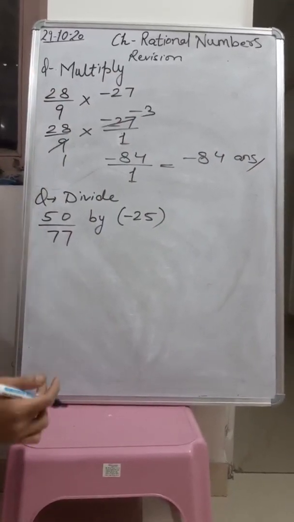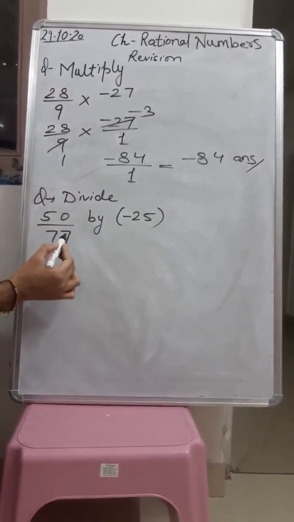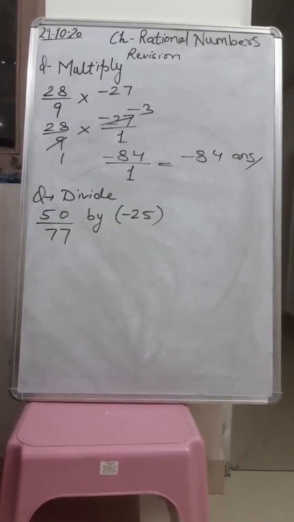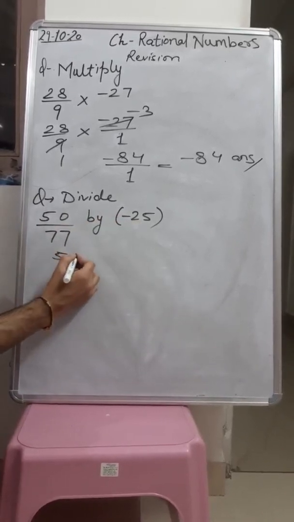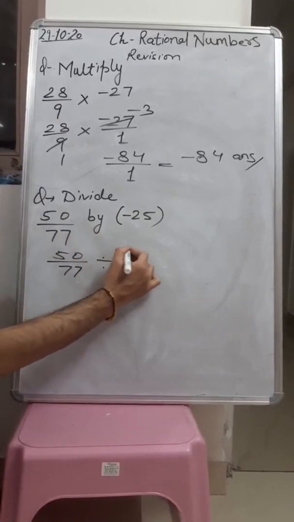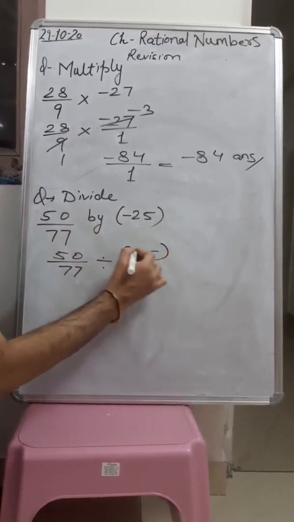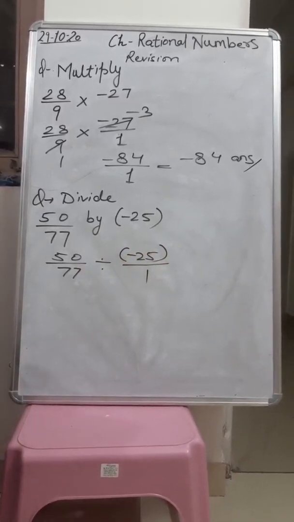Now the next question is divide 50 upon 77 by minus 25. Again we can see it is an integer, so we can write it as 50 upon 77 divided by minus 25, and again we can change it into a rational number by putting 1 in the denominator.